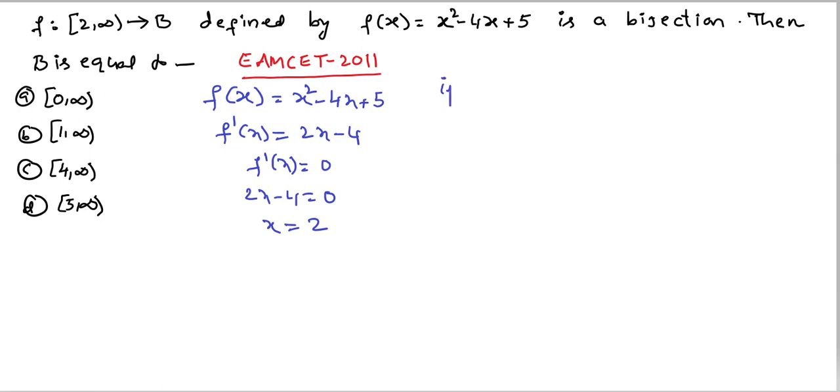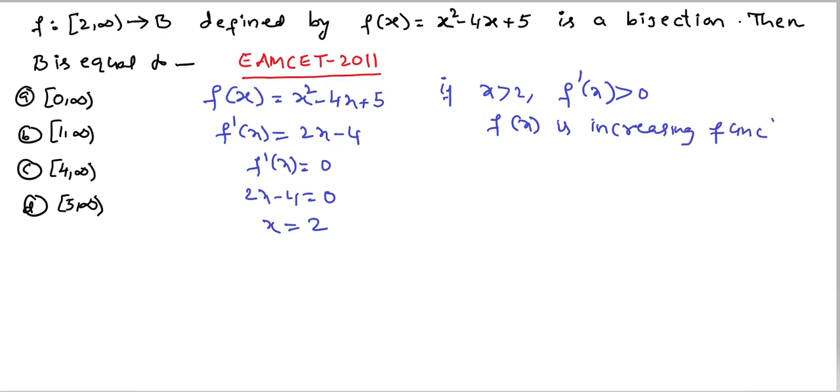Therefore the minimum value is equal to f of 2, which is 2 square, 4 into 2 plus 5, that is 9 minus 8, equal to 1. Therefore clearly the set B is equal to [1, infinity).